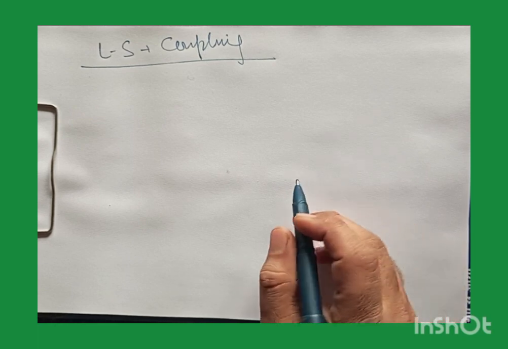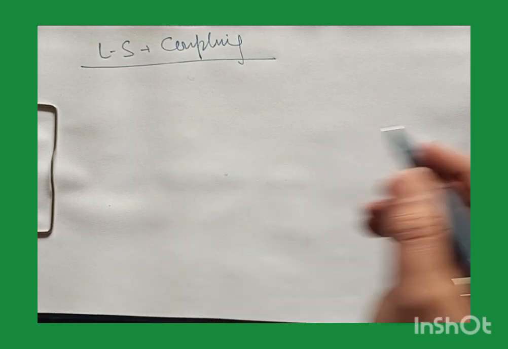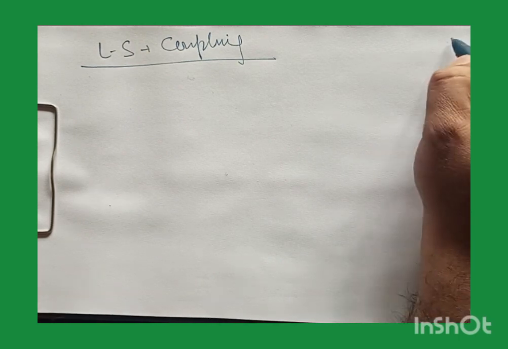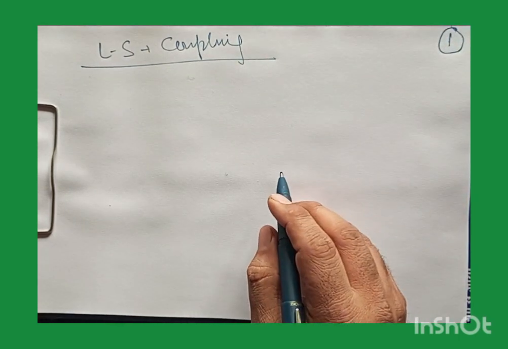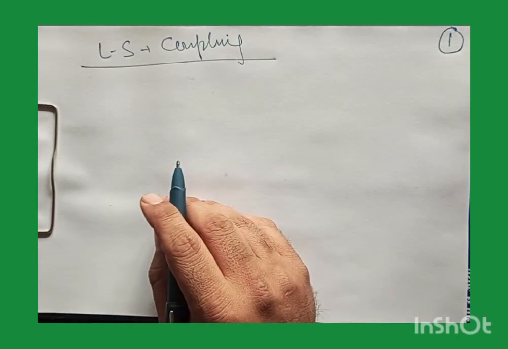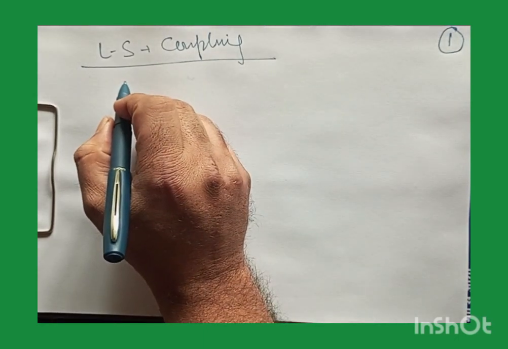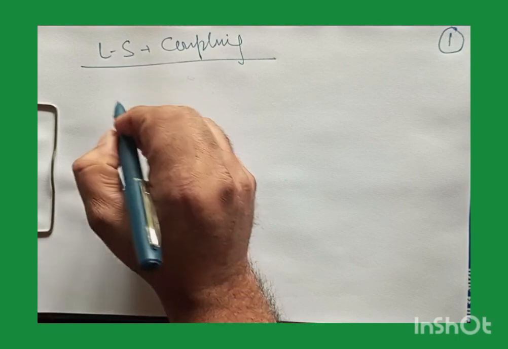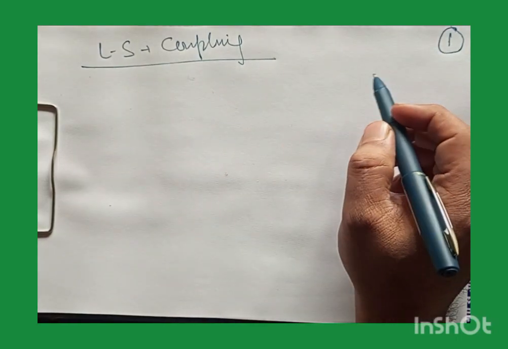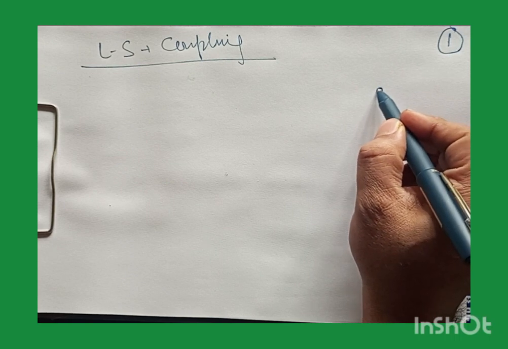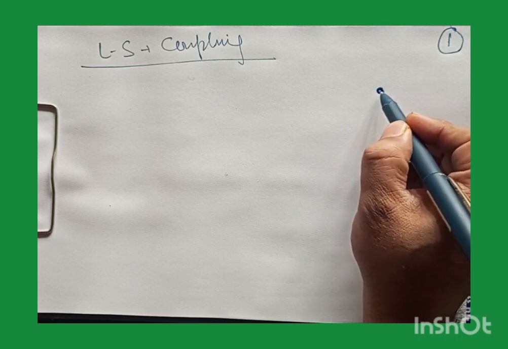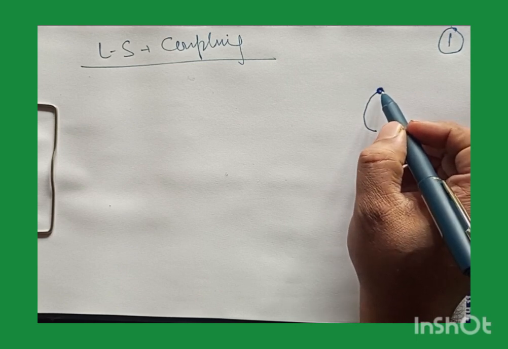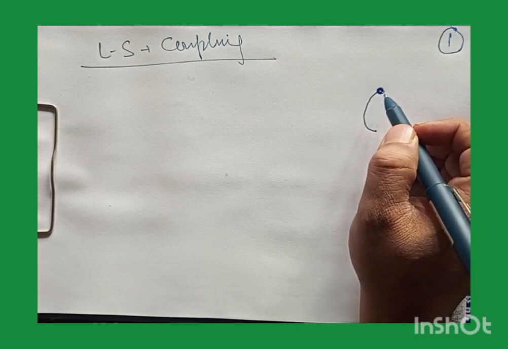In this video, I'll be talking about LS coupling, and it's a normal kind of coupling. In this case, the various electrons in an atom have their own orbital angular momentum and their own spin angular momentum.